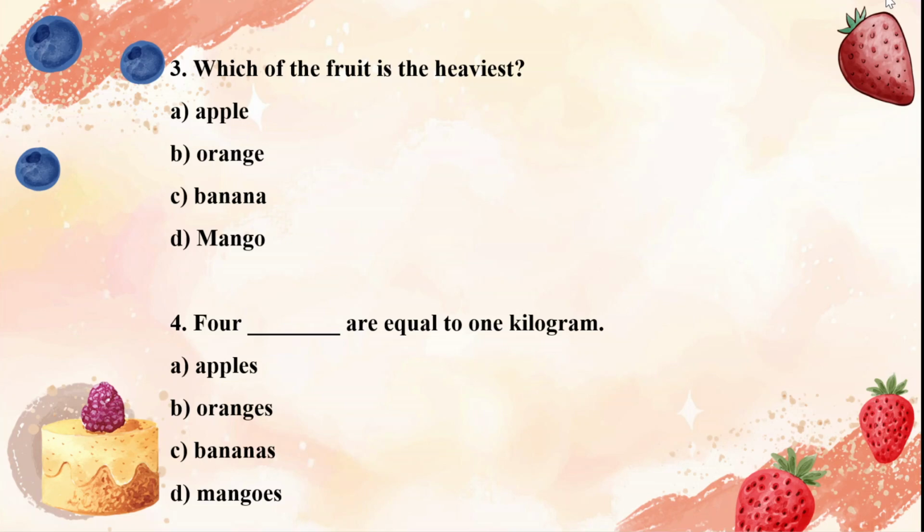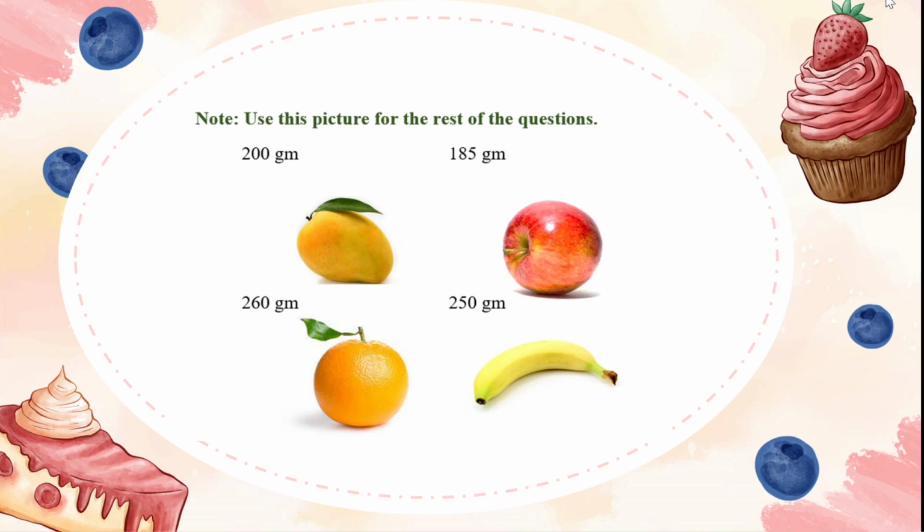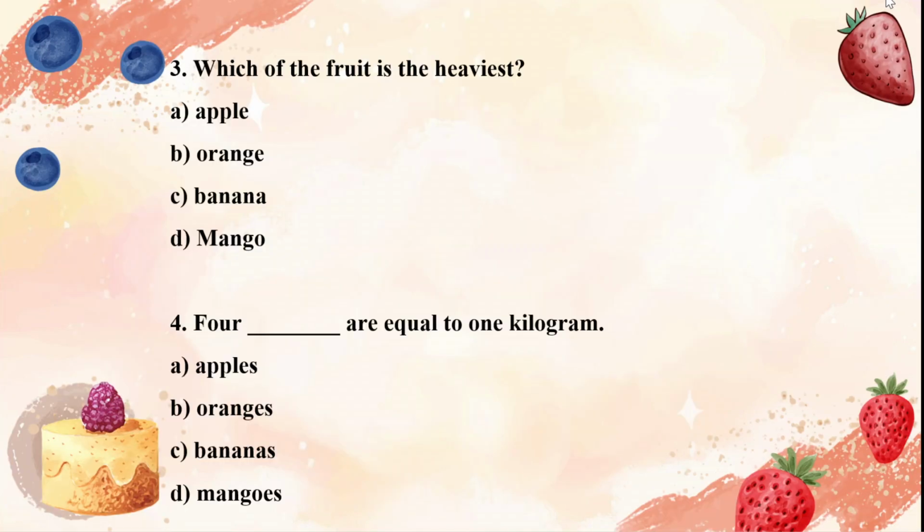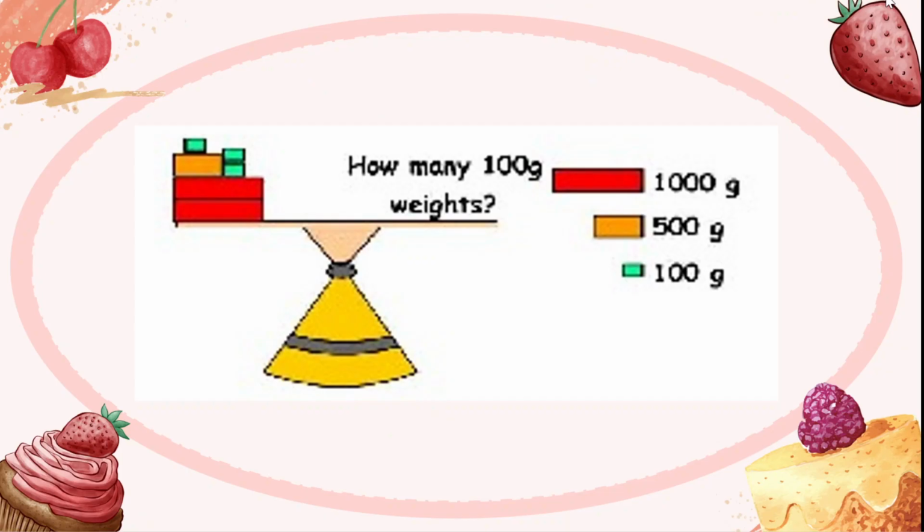So look at the previous picture. Which one contains 250? Yes, it's a banana. So banana only contains 250 grams. So if you multiply 250 by 4, we will get 1 kilogram of mass. So 4 bananas are equal to 1 kilogram.